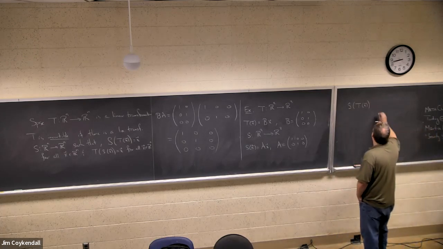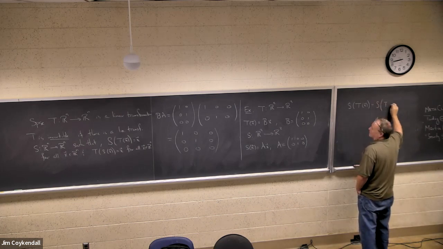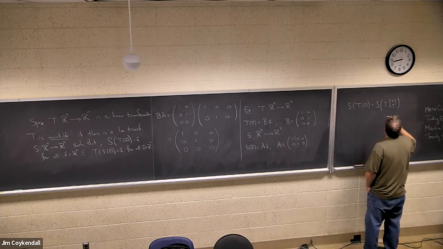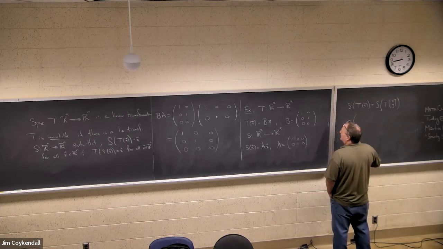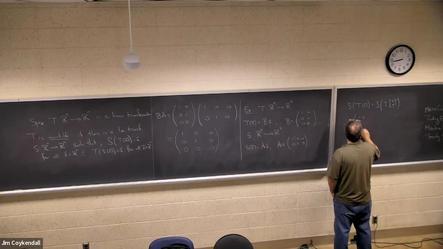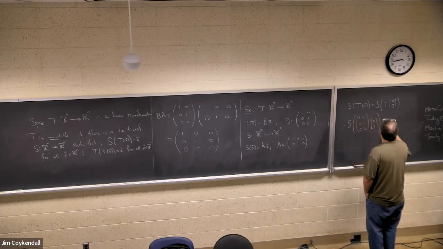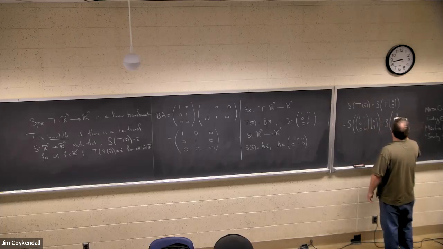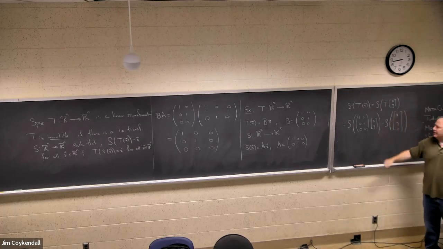then what this is, is S of T of (x, y), which is S of, let's see, what's the multiplication by B. So this is S of (x, y, z), if you multiply the matrix out.